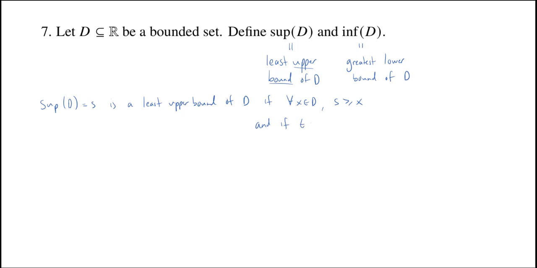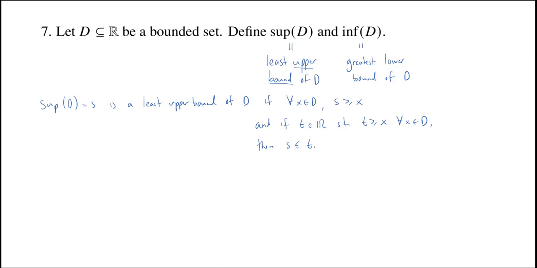If t is some real number such that t is at least x for all x in D, so if we have another upper bound, then we want s to be the least upper bound, so s should be less than or equal to t. Okay, so this is a long form version of this.